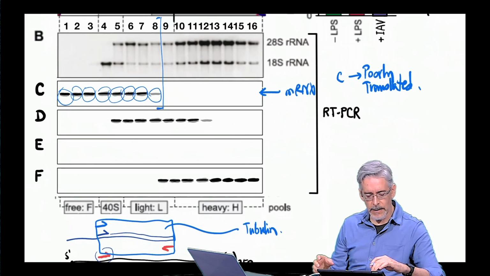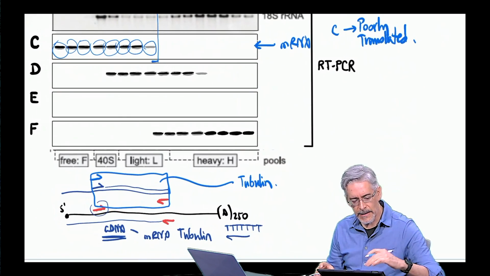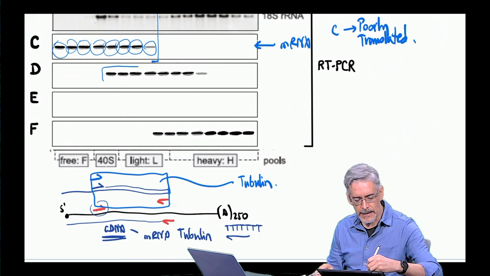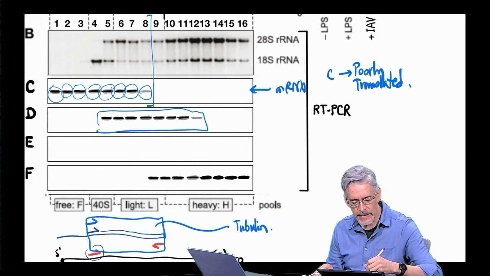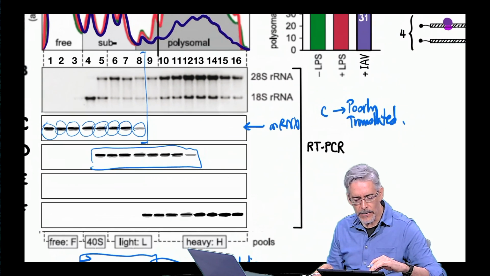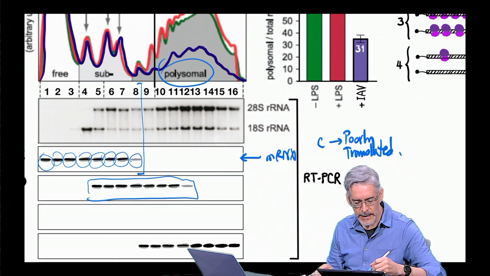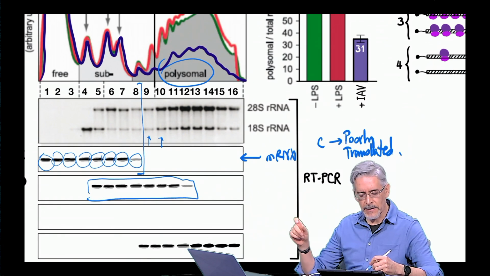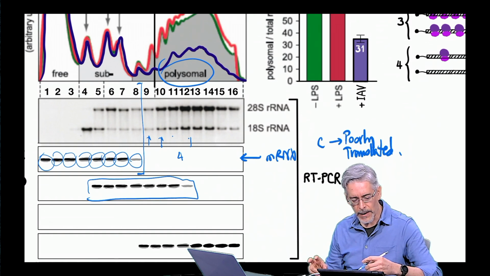Now, in contrast, the messenger RNA that is being detected in D is present in regions that span all the way down to polysomal regions. So it's present in monosomes, and messenger RNAs that contain 2 ribosomes associated to them, 3 and 4, so up to 4 ribosomes.